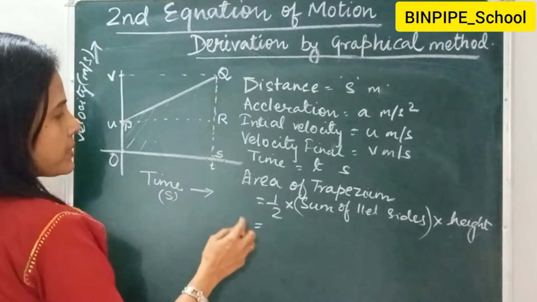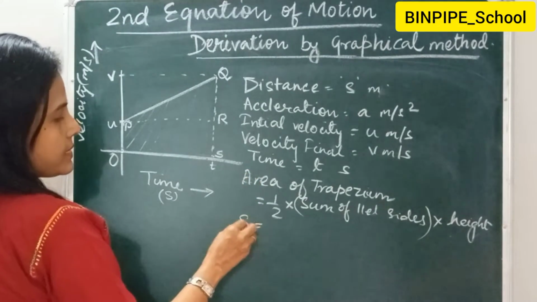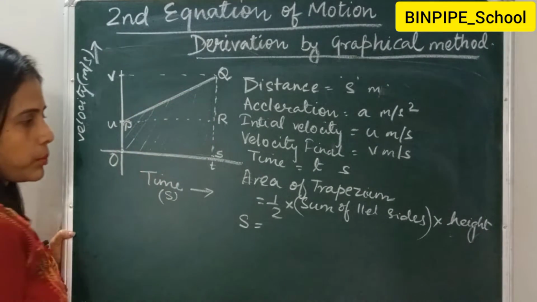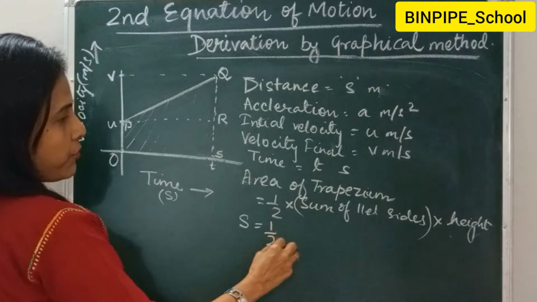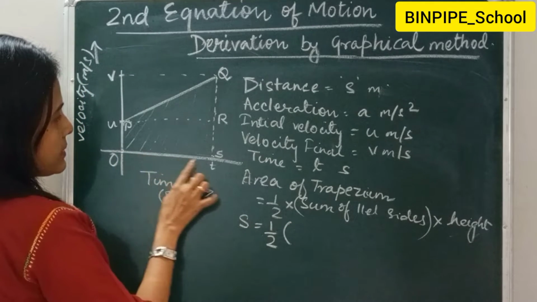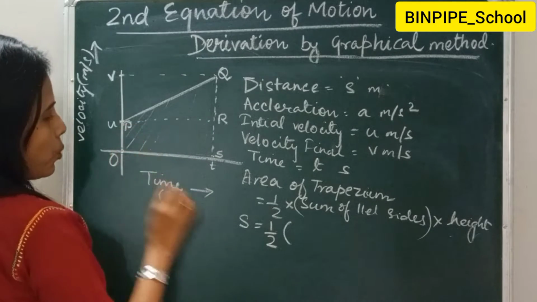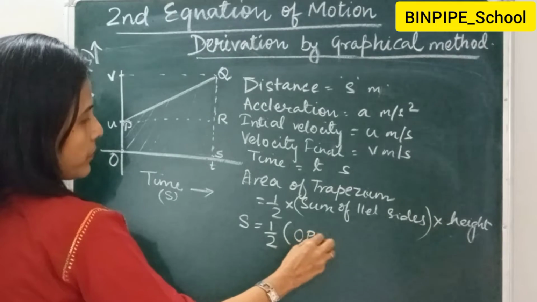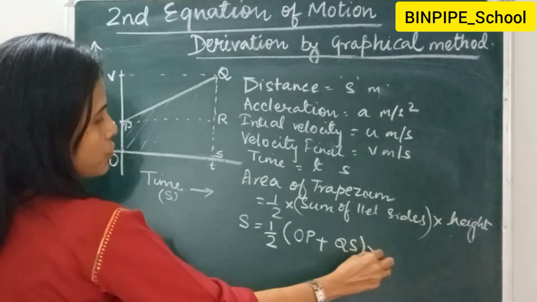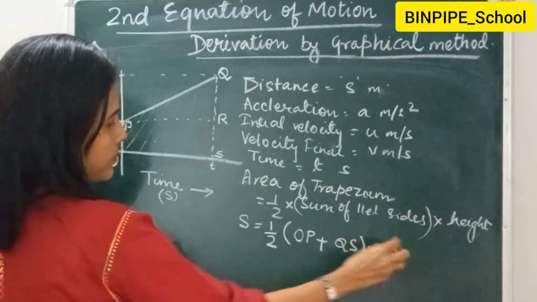So area of the trapezium, instead of area, we can write as S, since I told you the area defines the distance covered by the body, is equal to half of the sum of the parallel sides. Which is the parallel side? OP plus QS into the distance between the parallel sides, that is OS.